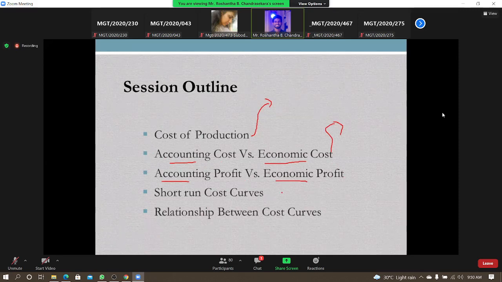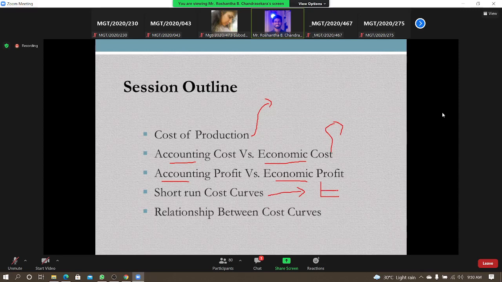So we identified accounting profit and economic profit as two different concepts. Then we are discussing different types of short-run cost curves and their shapes, and also their behavior. Right, Lamai?